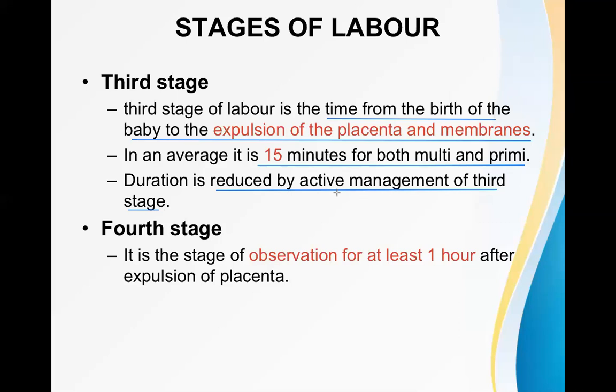The nurses or the midwife or even the doctor can simply give traction to the umbilical cord and slightly pull it so that the placenta can be easily separated from the uterine cavity and delivered earlier. This is called active management of the third stage of labor.